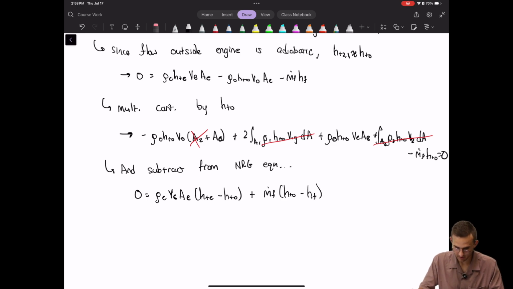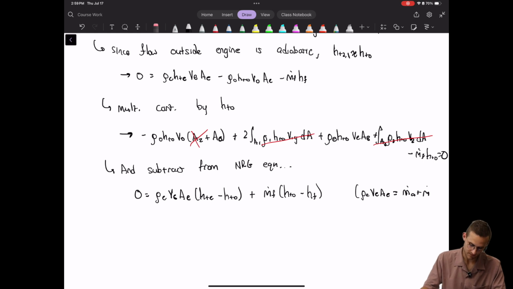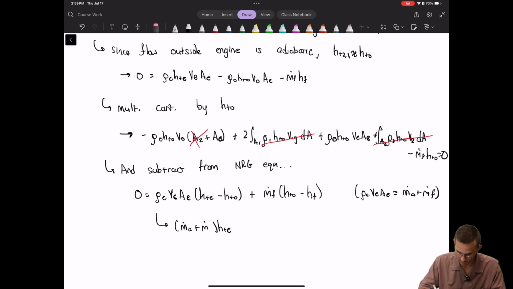Remember that rho E VE AE is equal to m dot A plus m dot F. We'll make that substitution, and you get the following equation, which is like an energy balance across the engine: m dot A plus m dot F times HTE is equal to m dot A HT naught plus m dot F HF.